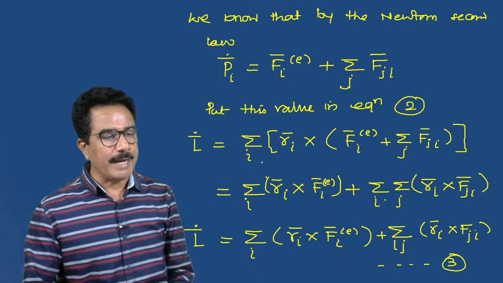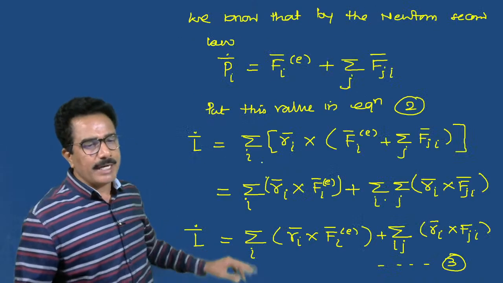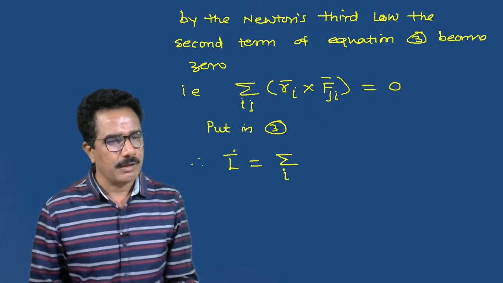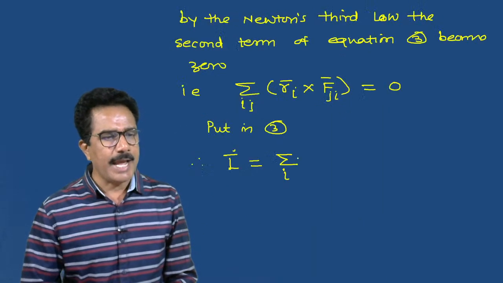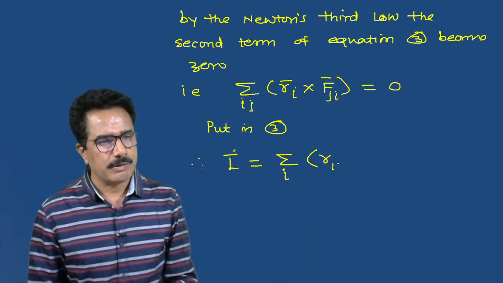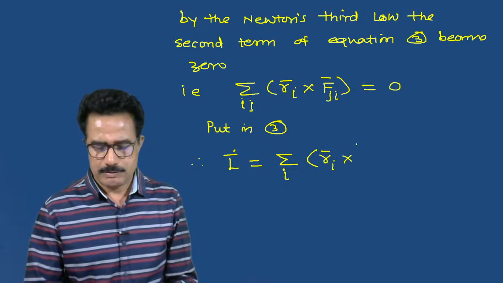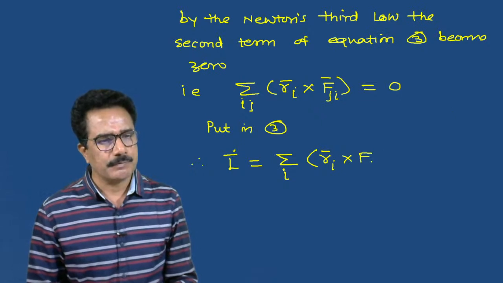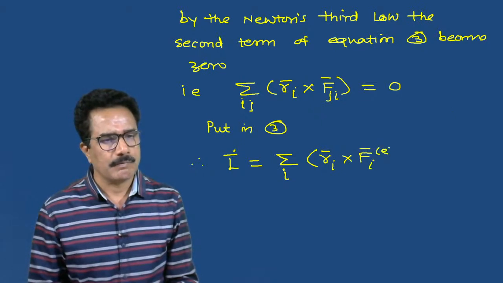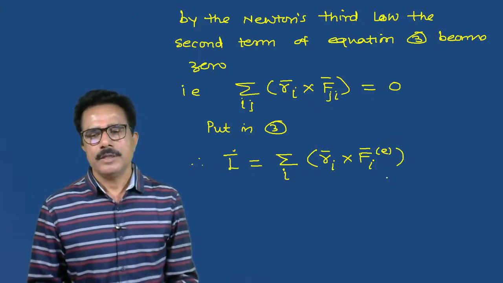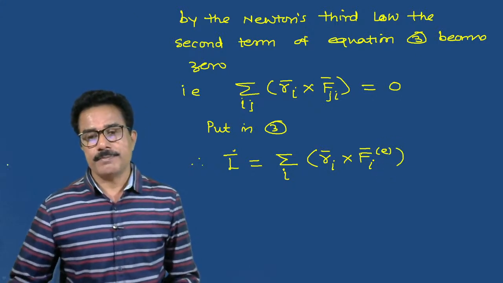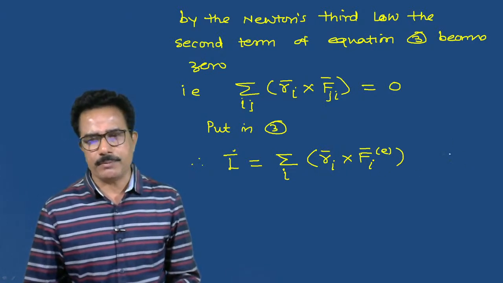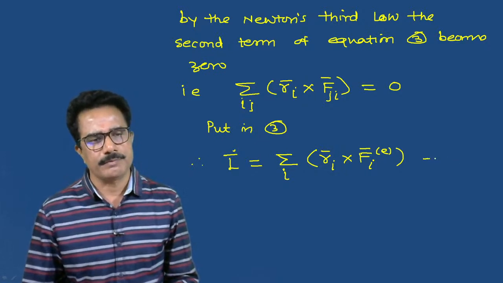So the second part becomes 0, then the remaining term is L bar dot equal to summation over i r bar cross F bar external. Okay, now see, this is the formula we get. Suppose this simplified formula is considered as equation number 4.